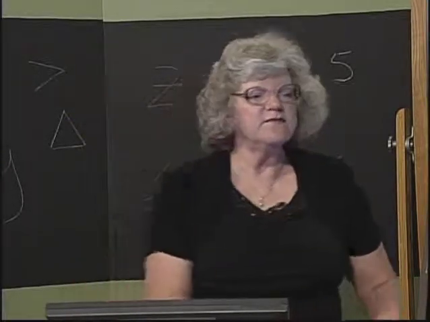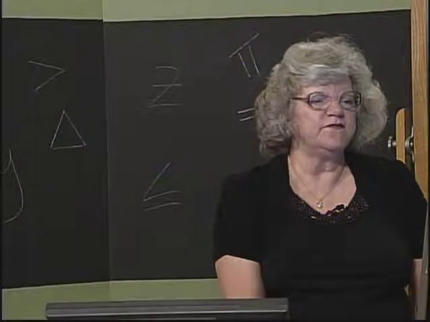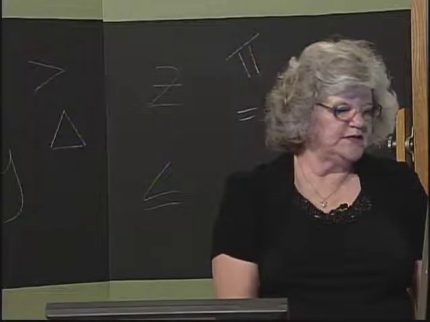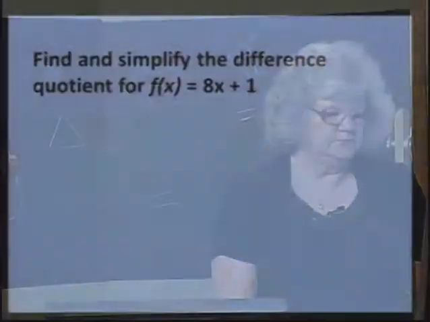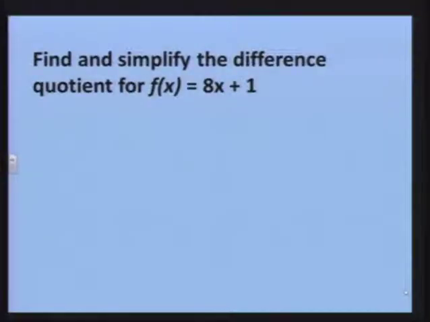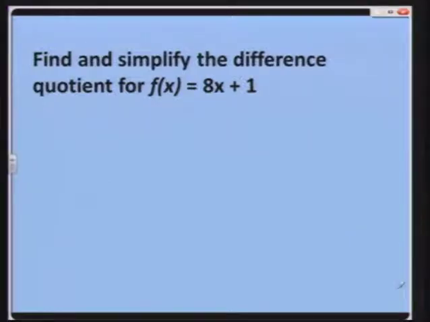So let's look at finding a difference quotient when we're given some functions here. Find and simplify the difference quotient for f of x equals 8x plus 1. Well, one thing we need is f of x plus h if we're going to plug in our difference quotient of f of x plus h minus f of x all over h.